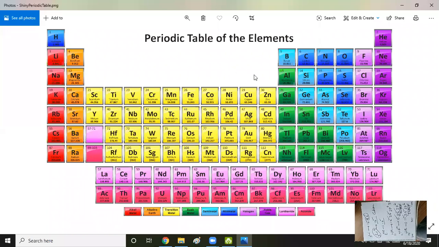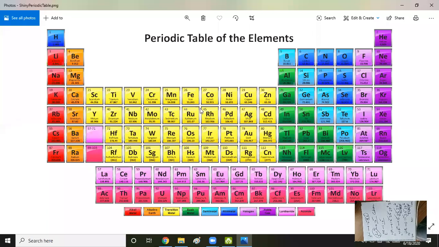Suppose the atomic size of phosphorus is smaller than aluminum. You can ask me, sir, the number of electrons has increased and the number of protons has increased, but why is the atomic size of phosphorus smaller than aluminum, and why is the atomic size of magnesium smaller than sodium? So I think this is a question for you.